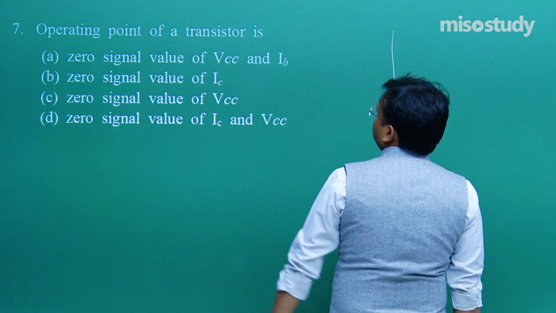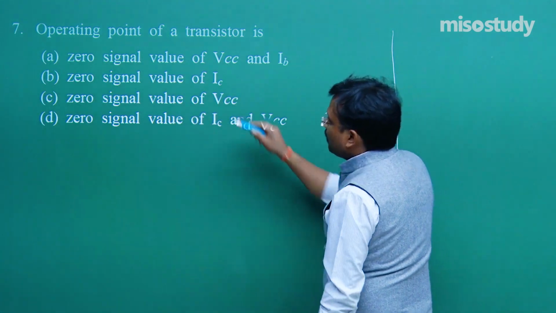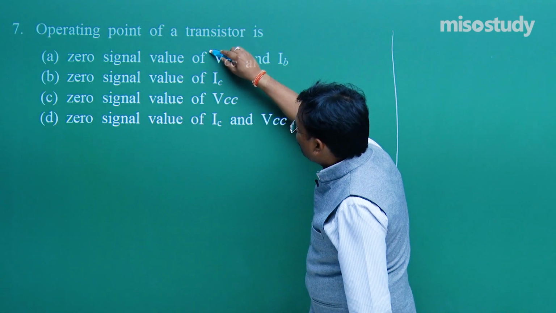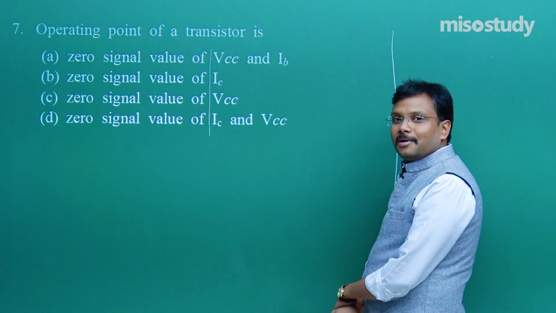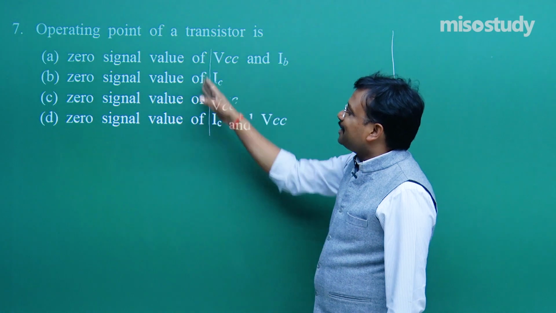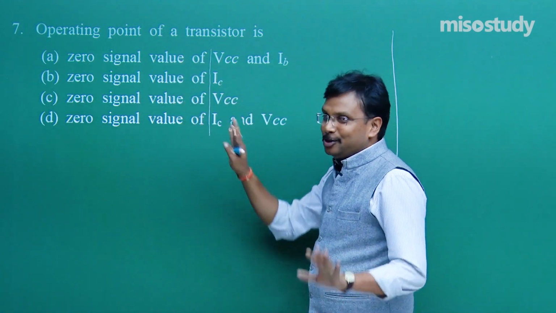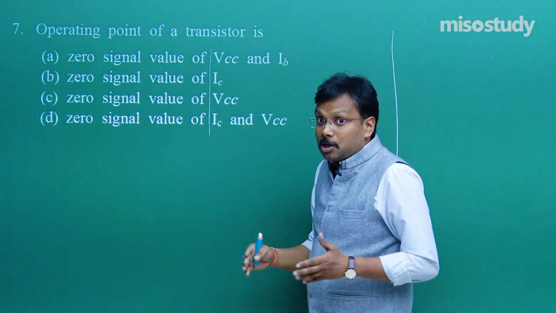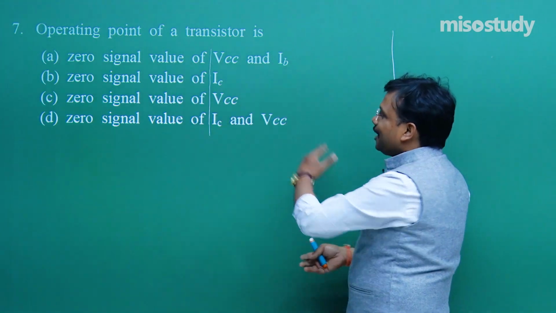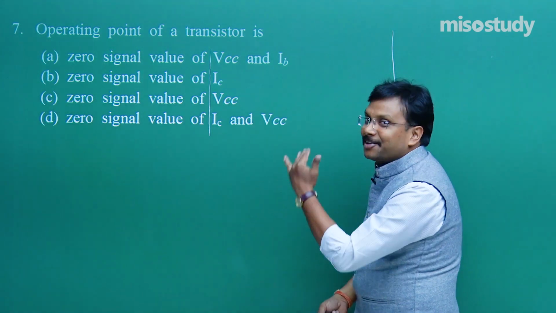One thing is clear: even if I don't know anything, if you just take a look at the options over here, there is repetition. It means this much is going to be true, either A, or B, or C, or D. But how will we decide the second portion? Fine. Let us start discarding.